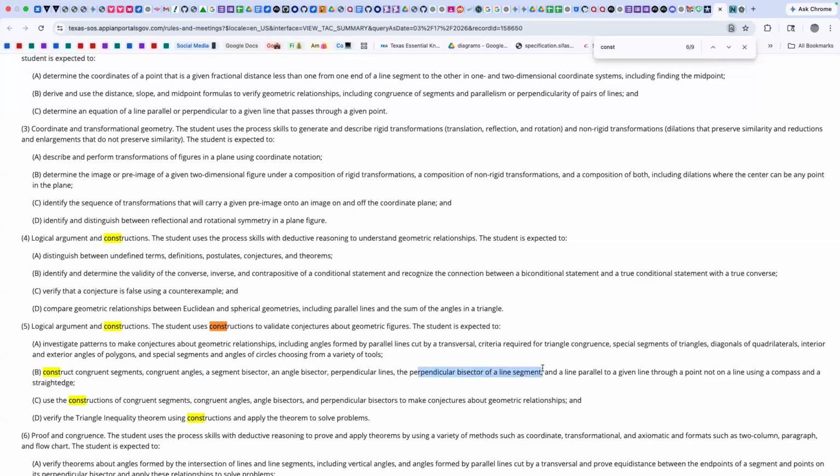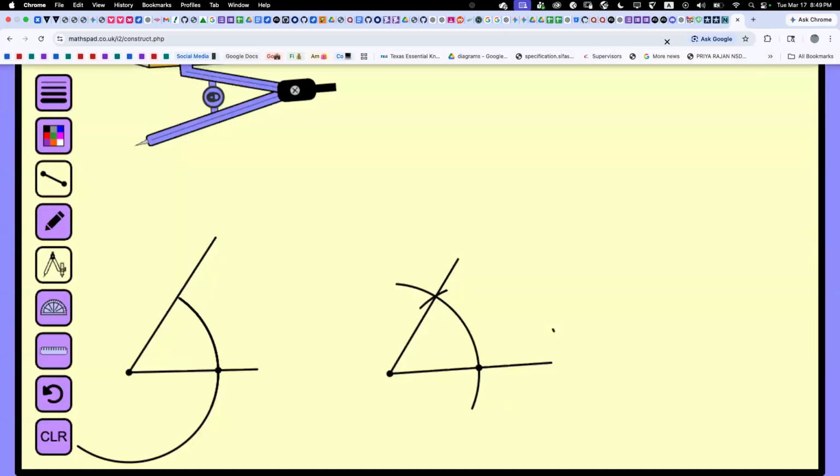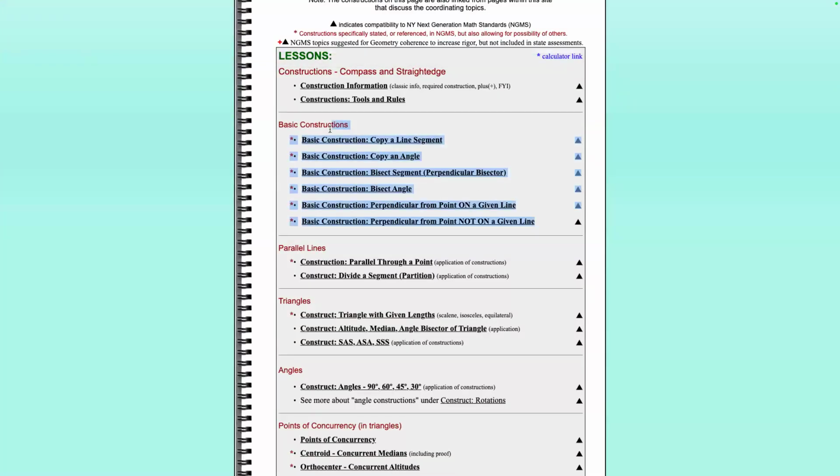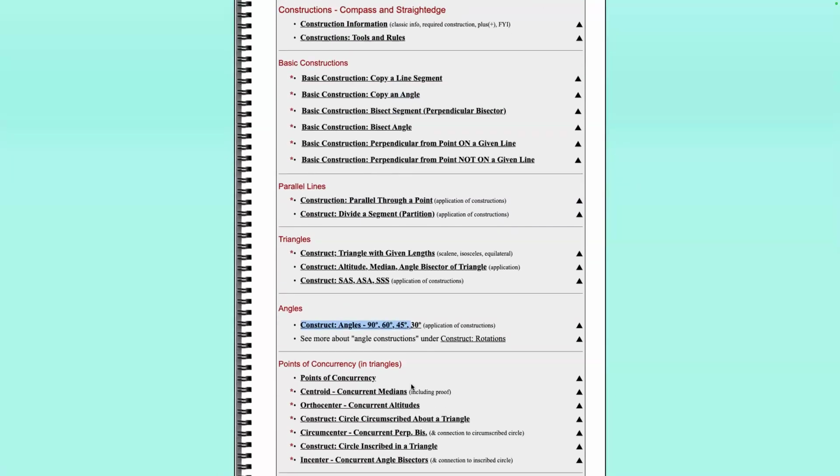Perpendicular lines, perpendicular bisector, line parallel to a given line through a point not on the line. Exactly the same thing. So this is what I told you the first time when I discussed constructions. At least this piece, if you know, it's more than enough. But as a person who wants to know geometry nicely, I would really want you to learn this. Make sense?